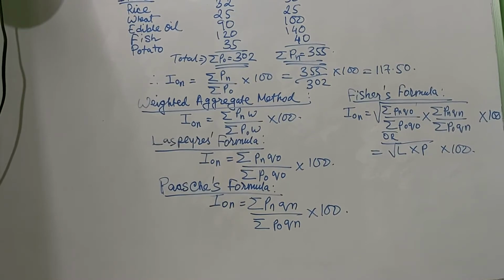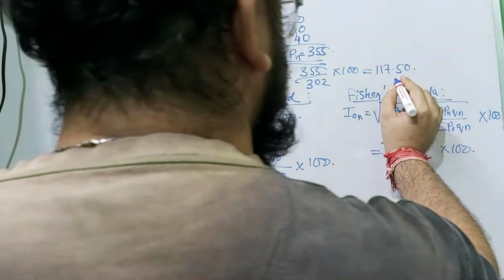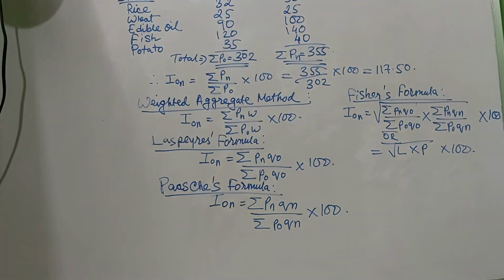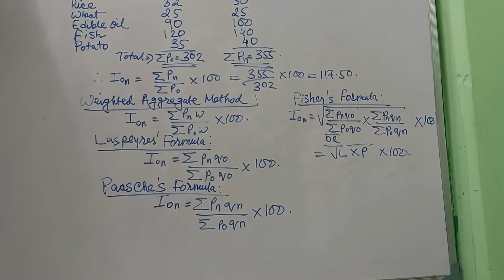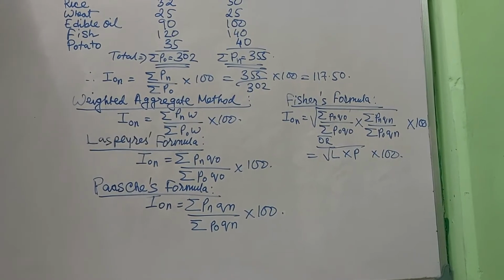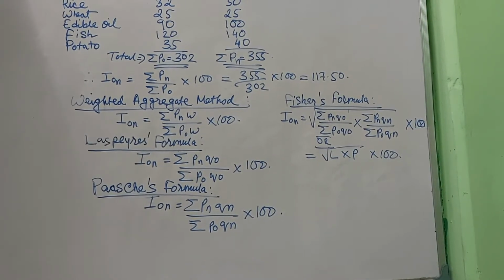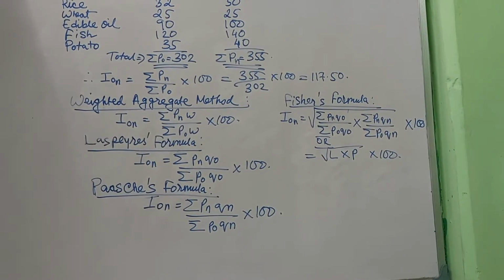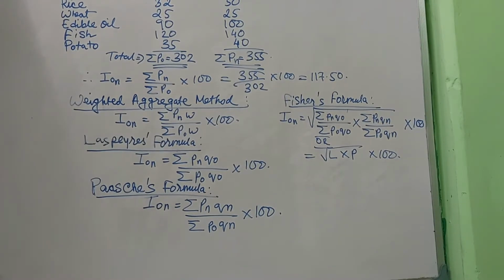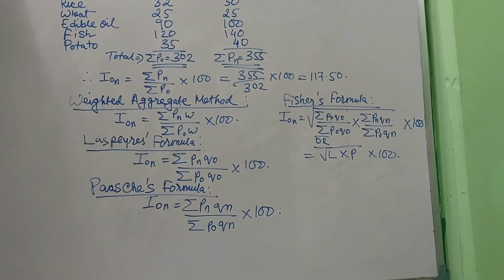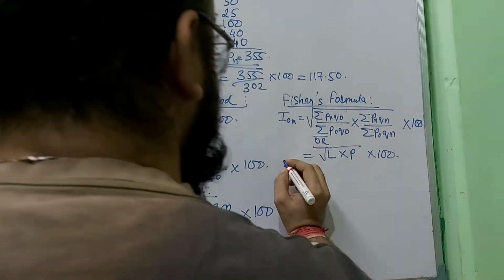This is Fisher's ideal formula. Laspeyres and Paasche combined give you Fisher's.